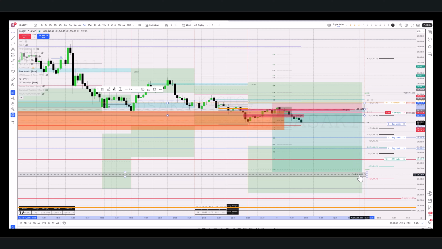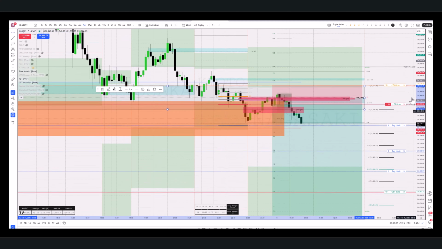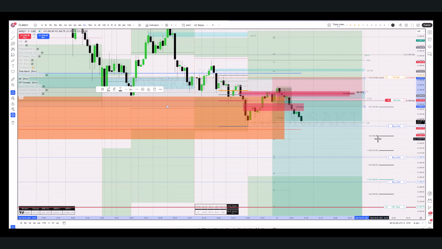Tuesday's first presentation, buried right next to hidden liquidity areas, time based. I like it. Here we come. It just took the low of the previous model.